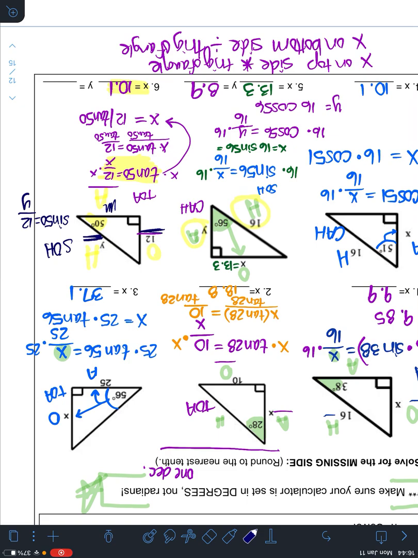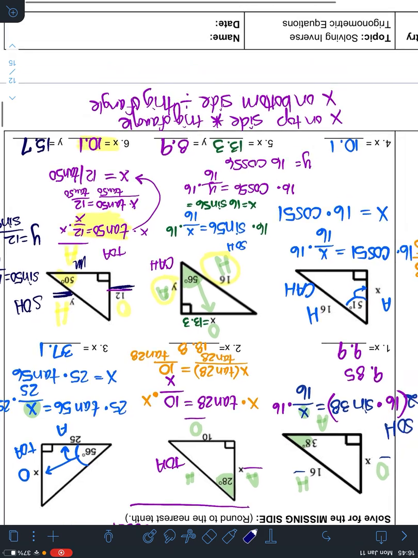If you get to where you can shortcut this, then it's going to be y is equal to 12 divided by the sine of 50. When y is on the bottom, it's going to be a divided problem. So then you would type in 12 divided by the sine of 50, and you get 15.665 or 15.7 if you round to the nearest tenth.